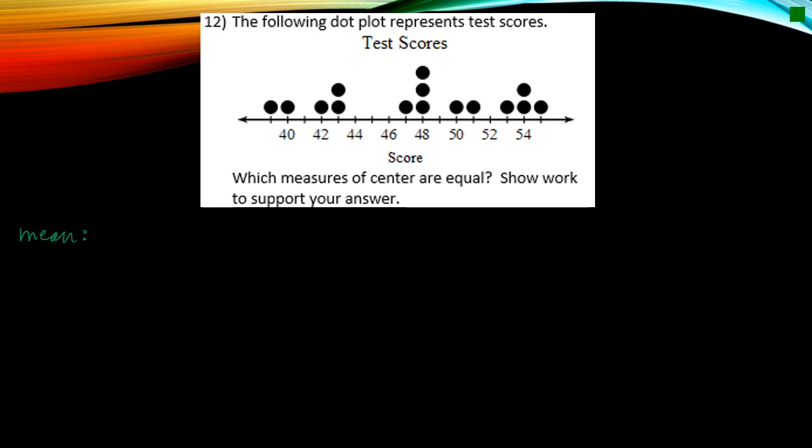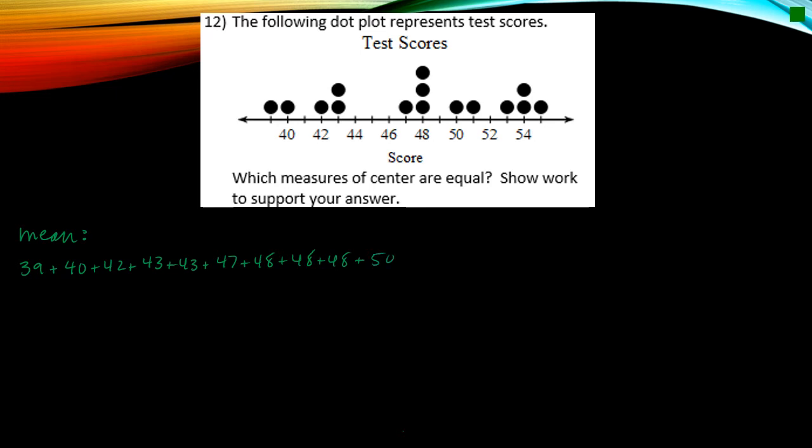There's two different ways you could do this dot plot. I think just writing it out as a list would not be a bad idea. So we're going to write out all these numbers. So 39 plus 40 plus 42 plus 43 twice. And then it jumps to 47, 48 three times.